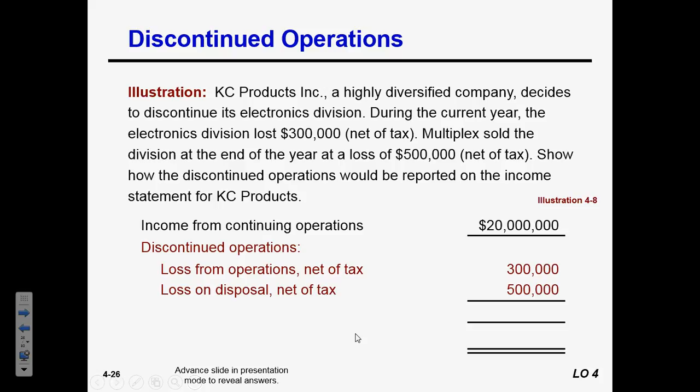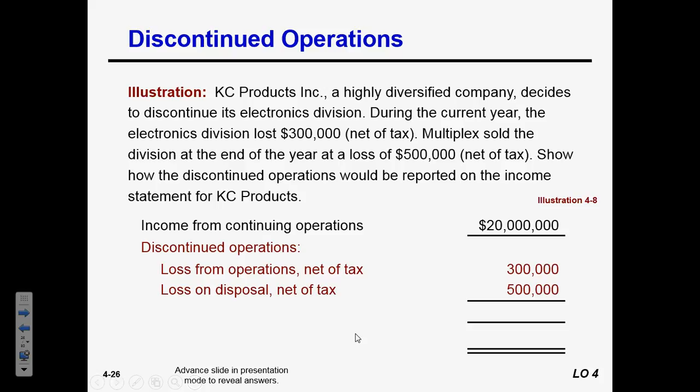Revenues, all the expenses from operations, operating income, then all the non-operating stuff, gains and losses, and other revenues, other expenses. You'd come down to income from continuing operations before tax, take away the tax expense, and you would come down then to income from continuing operations. Instead of calling it net income, it's income from continuing operations. Got it?